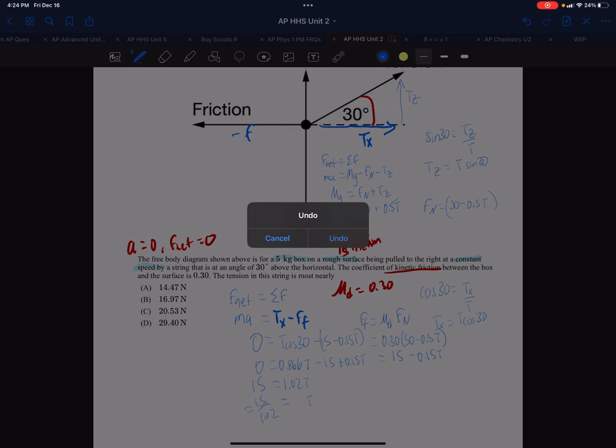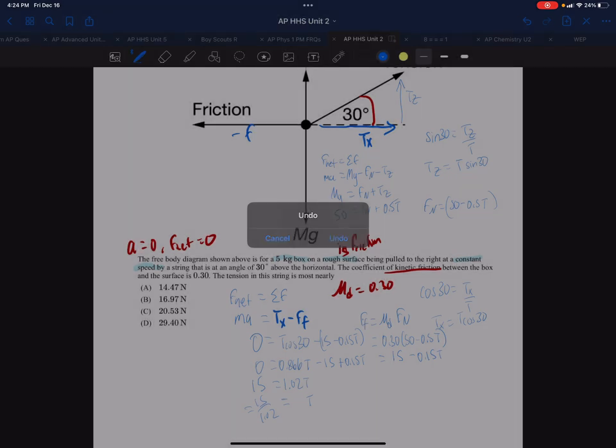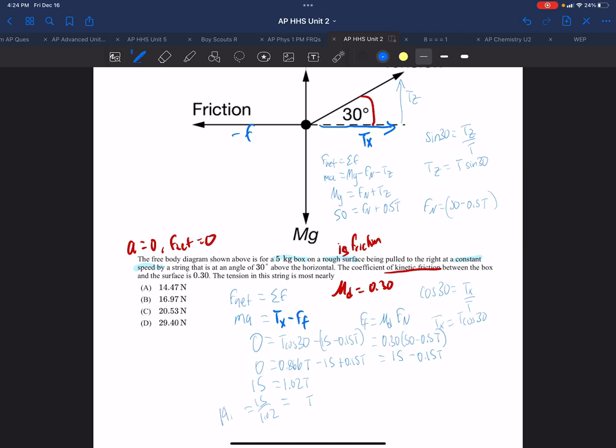And 15 divided by 1.02 is about 14.7. And you can see that the closest number we get to that is 14.47. And this could be due to using 10 versus 9.81, but by far and away the closest one is 14.47.